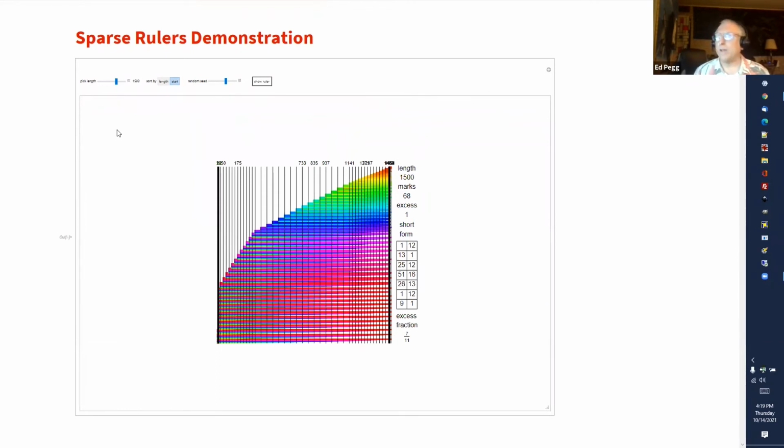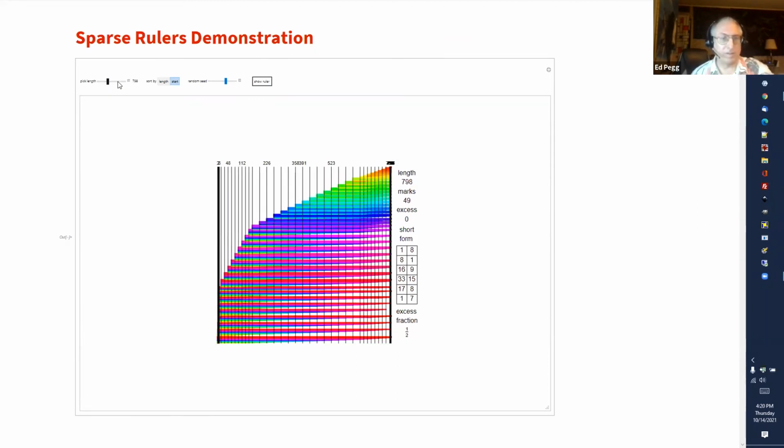And in the data for this talk, I've put together all the data I have for almost 3 million sparse rulers and all the various programs that I use to find them and jigger them around randomly. This is just a tiny percentage of all the sparse rulers that are in the database attached to this talk.